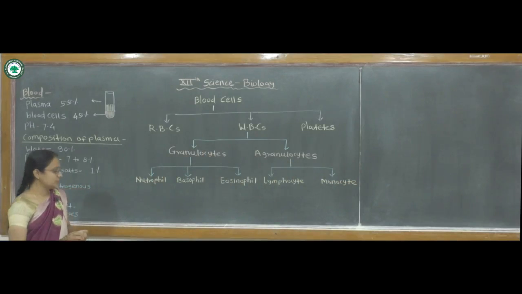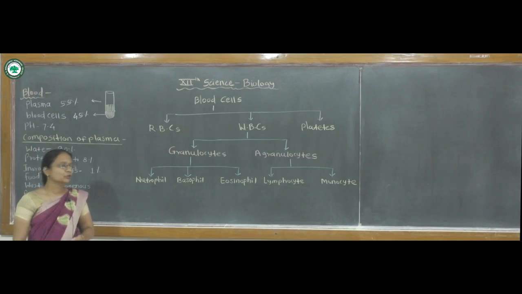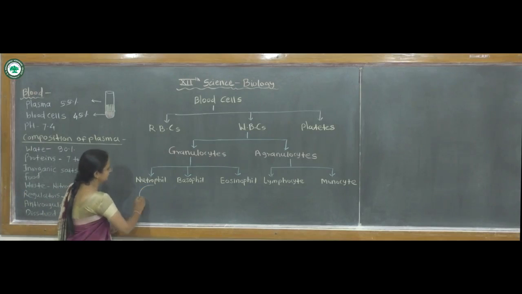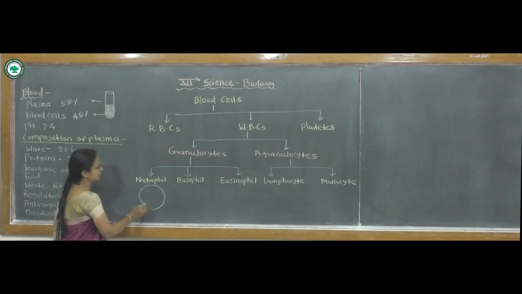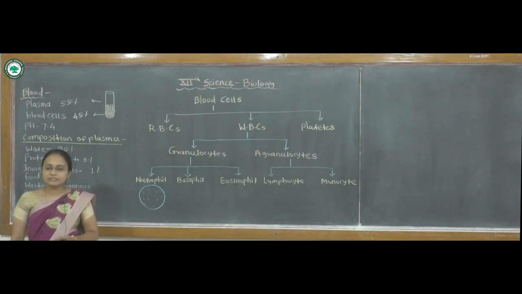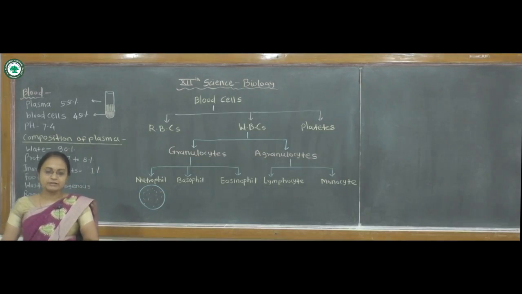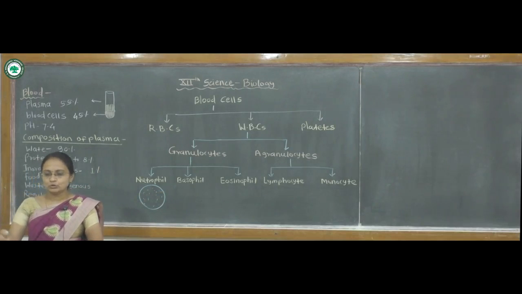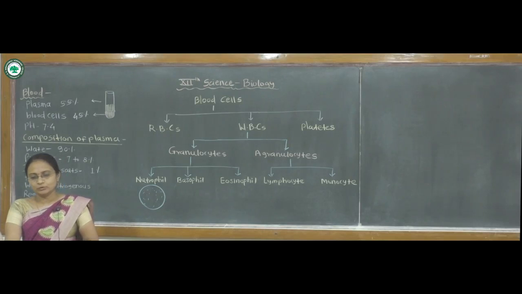Now come towards the first cell, the neutrophil. It is a circular cell, and the cytoplasm of this cell contains granules. No clear cytoplasm is present, and this cell makes up about 70% of the total WBCs.